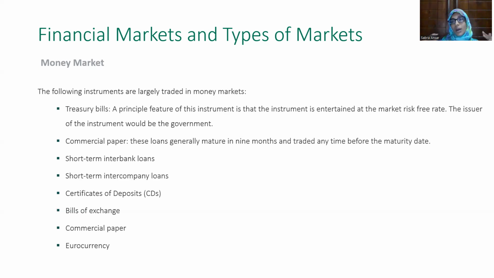When there are lots of companies in a particular group, there could be loans that happen within the different companies. So it is an intercompany loan. And certificates of deposit or the CDs, bills of exchange, commercial payments, and euro currency. All these will basically be ones which are less than 1 year.